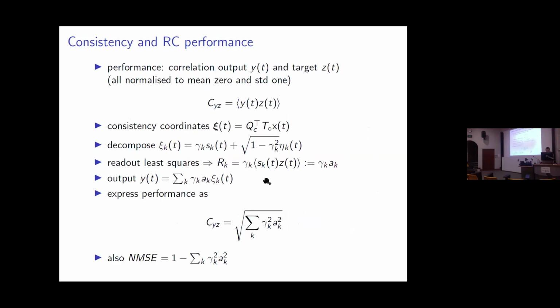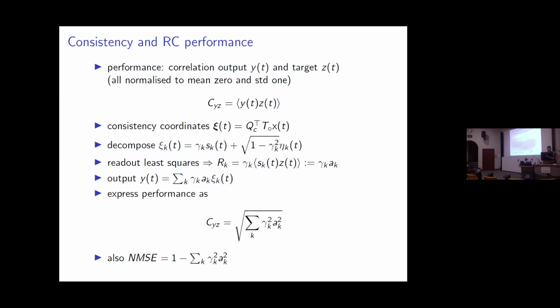The next step is to try to connect this with the reservoir performance, because so far it's just, so to say, some generic measure of the reservoir. So far we talked about consistency, we didn't do any reservoir computing.